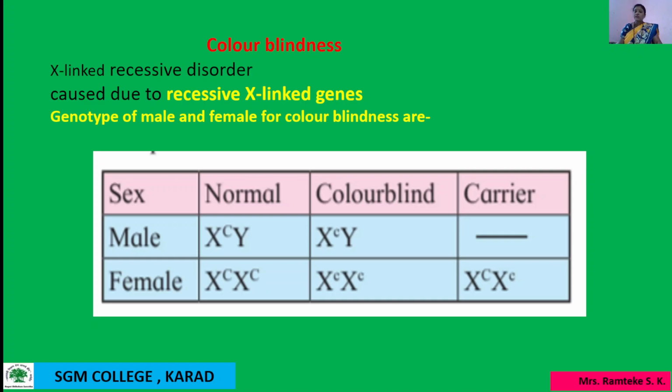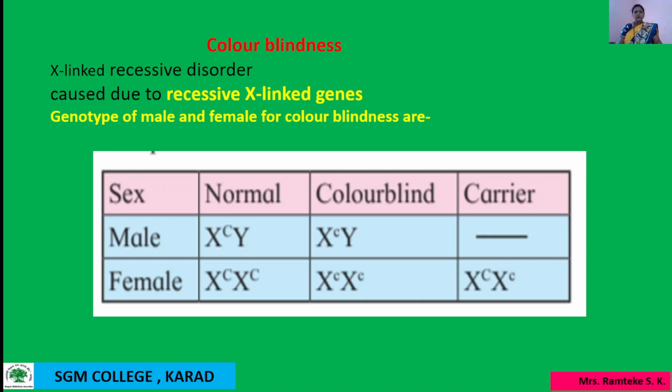So the inheritance of color blindness can be studied in the following two types of marriages, okay. So when the marriage is between a colorblind male and a normal female, at that time they produce normal vision male and female offspring in the F1 progeny, okay. The sons have normal vision, but the daughters will be carriers for the disease, okay.